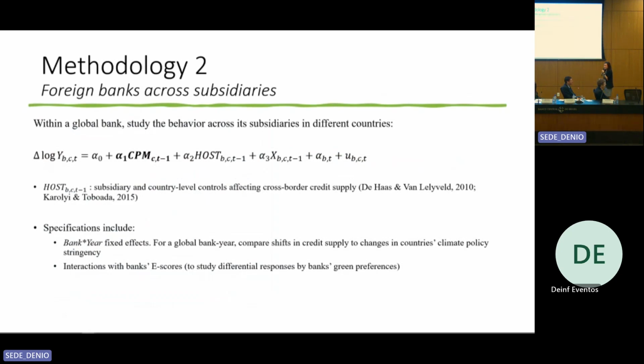The second exercise is to only focus on global banks and see how they are lending in their subsidiaries when the climate policy of one of their subsidiaries is changing. Key to this specification is the inclusion of bank year fixed effects. So we hold constant everything and only focus on variation within a bank year across its subsidiaries.